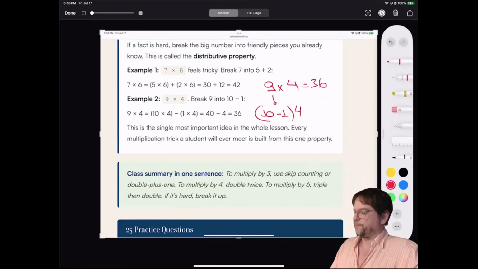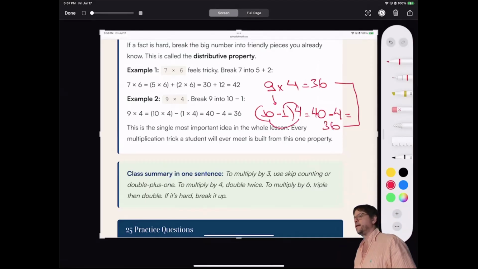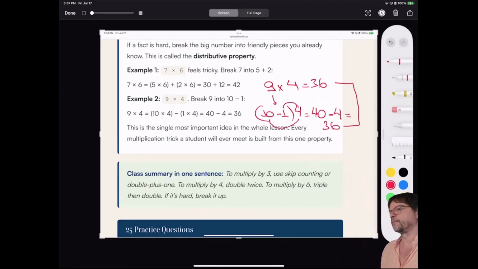So let's see, 4 times 10 is 40. Do you agree? Minus 4 times 1, minus 4. 40 minus 4 is 36. So this proves the distributive property. Do you agree?